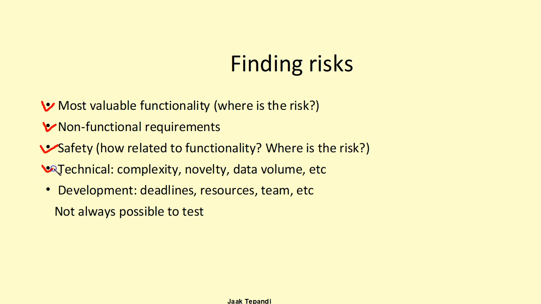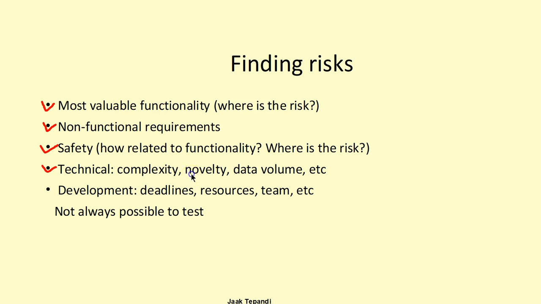Risks are also associated with technical issues such as software complexity. We have seen very large projects fail because they are just too complex to handle simultaneously. Somehow they should be divided, and if this division is not done, or if it's not done correctly, then there is a risk.